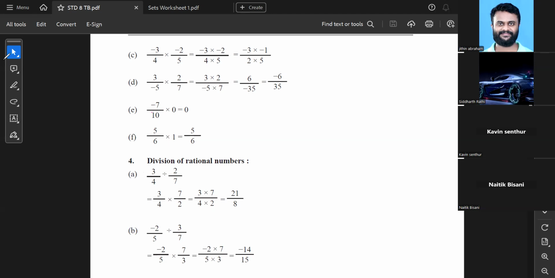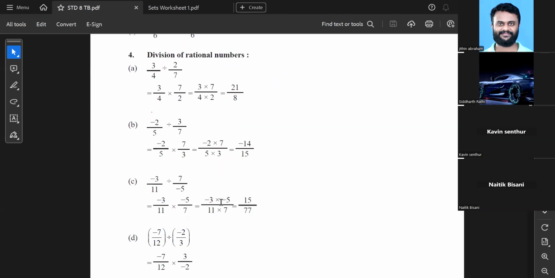The next one is division. Again, the division of rational numbers is exactly like how you did for fractions. Fraction में भी division किया है ना आप लोगों ने? Yes, sir. So I'm just skimming through it. 3 by 4 divided by 2 by 7 के लिए you will have to convert this division into multiplication. Division को multiplication में convert करने के लिए you will simply reverse the fraction.